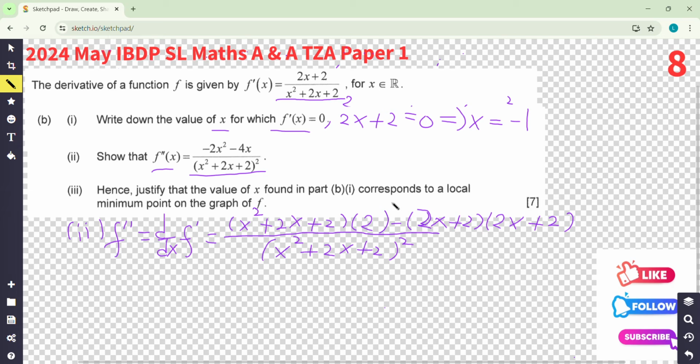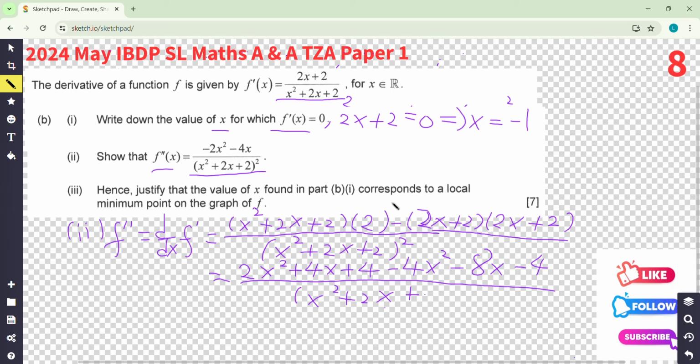Wow, another thing. Yeah, this is a tough question, so another thing for you to show off your skill. Okay, expansion: 2x squared plus 4x plus 4 minus 4x squared minus 8x minus 4. Okay, I got it. Wow. And then copy the denominator, x squared plus 2x plus 2.